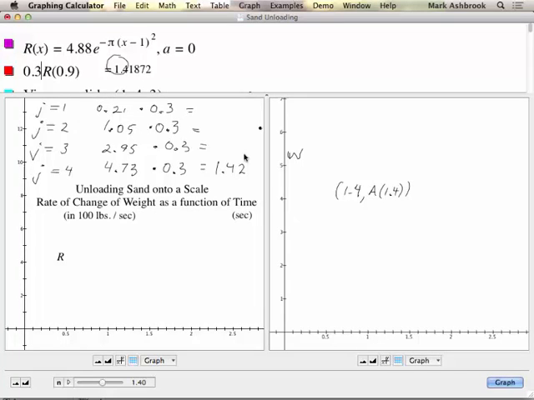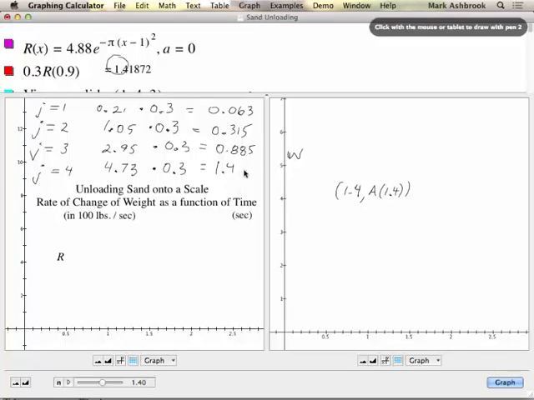Anyone got a value for 1? 0.063. For J equals 2, 0.315. And number 3, all right, let's do 3 decimal places here, 1.419. Do we have confirmation on those values?